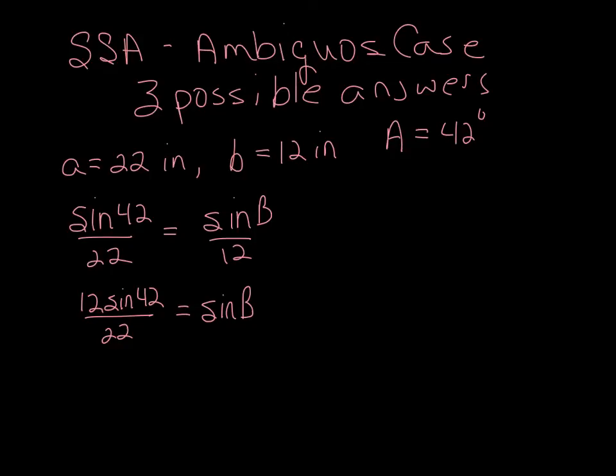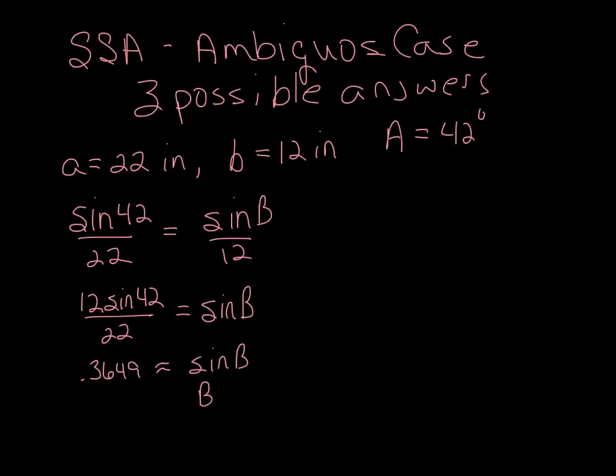All right, so if we plug that in your calculator, 12 times the sine of 42 divided by 22, you're going to get approximately 0.3649, but that's the sine of B. How am I going to figure out what B is?